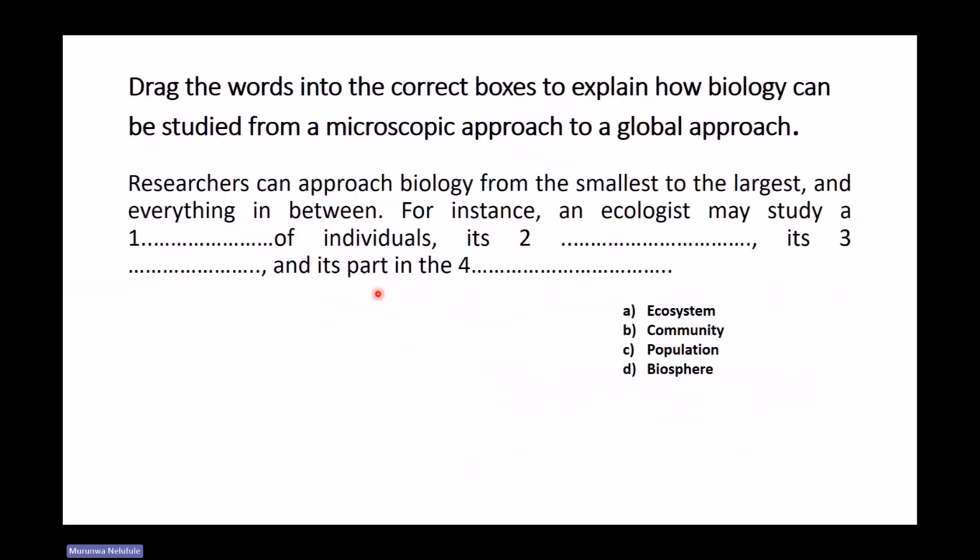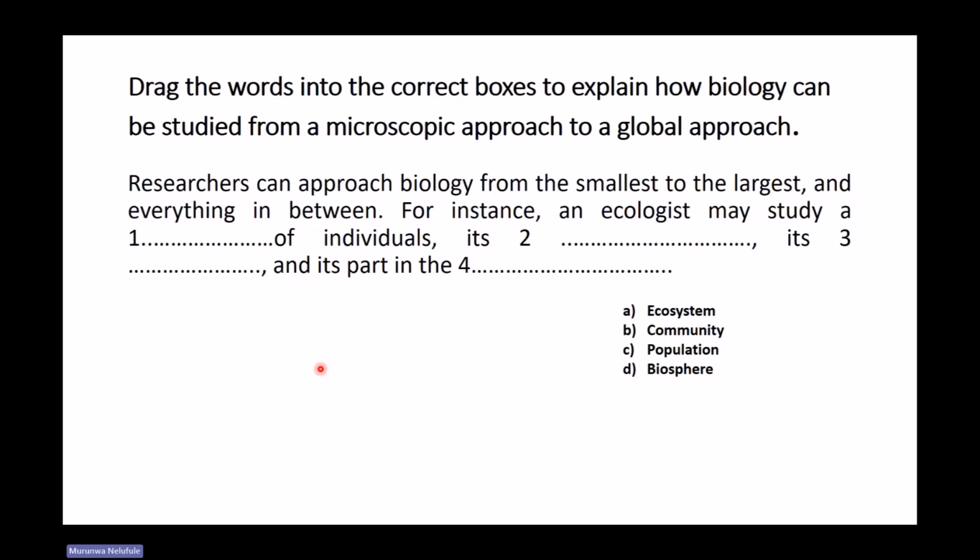All right. Some of the multiple choice questions which may come: drag the words into the correct boxes to explain how biology can be studied from a microscopic approach to a global approach. Researchers can approach biology from the smallest to the largest and everything in between.